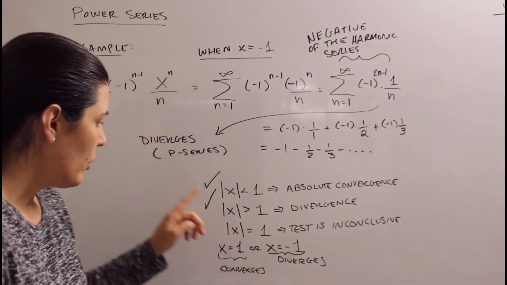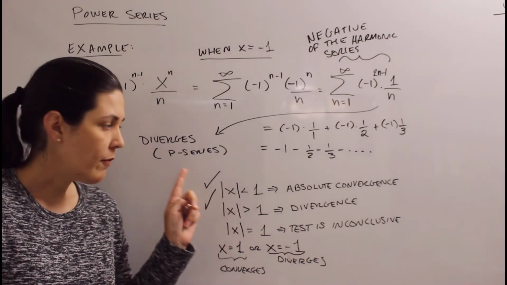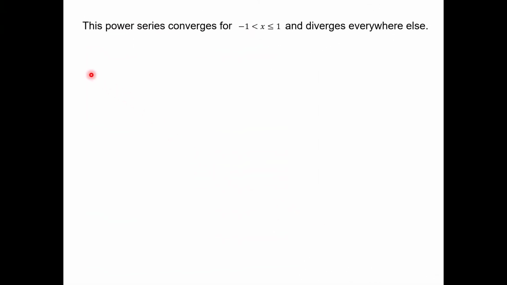Okay. So for us, if we put all this together, I'm going to show you visually what this looks like. Based on the results from our example, this power series converges for values from -1 to 1, but not including -1, and it diverges everywhere else.